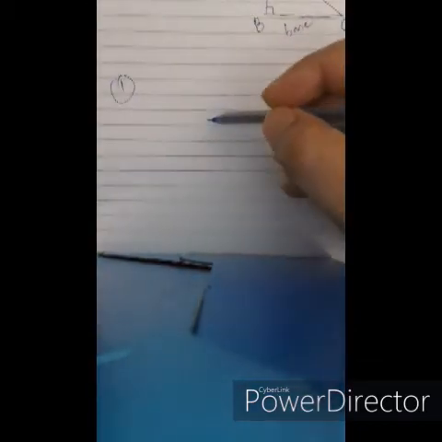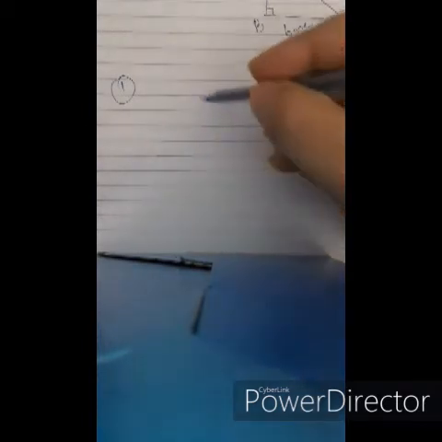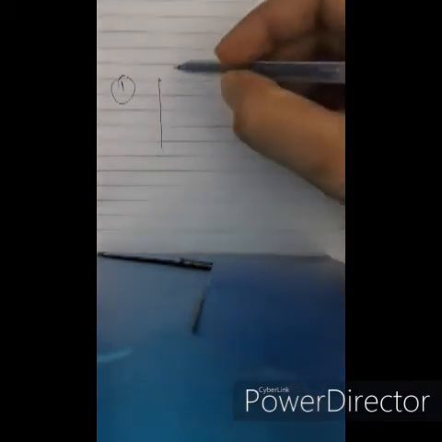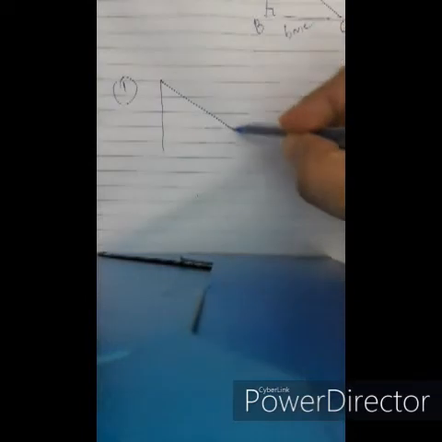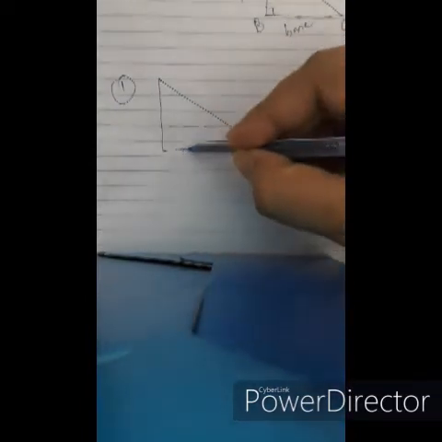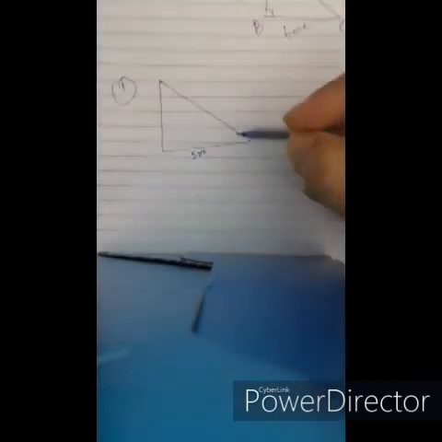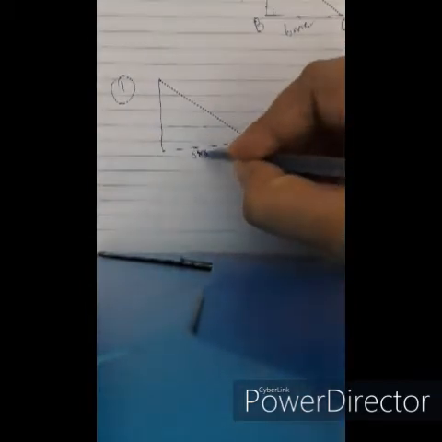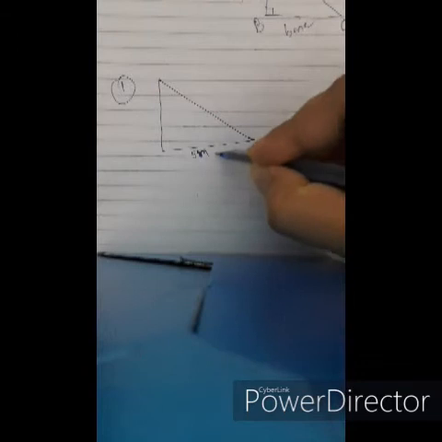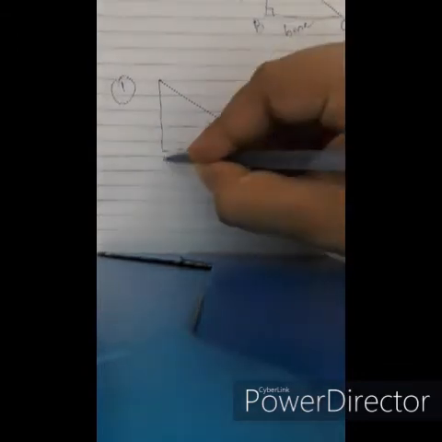Suppose a ladder is placed in such a way that its foot is at a distance of 5 meters from a wall. This is the wall, this is the ladder. Its foot is at a distance of 5 meters from the wall. So this distance becomes 5 meters.